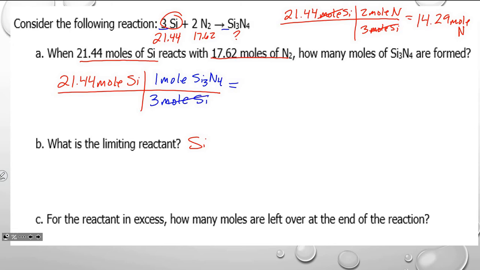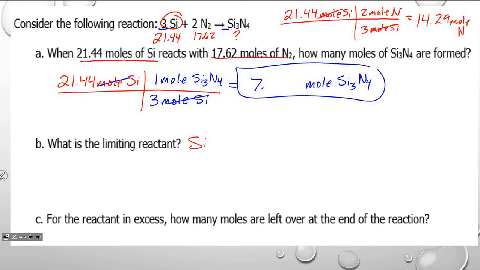Moles of silicon go out. So I'm going to take 21.44 divided by 3. I'll end up with 7 point something. Somebody give me the numbers as my answer. 1.5? Okay. All right, now they want to know again the excess.